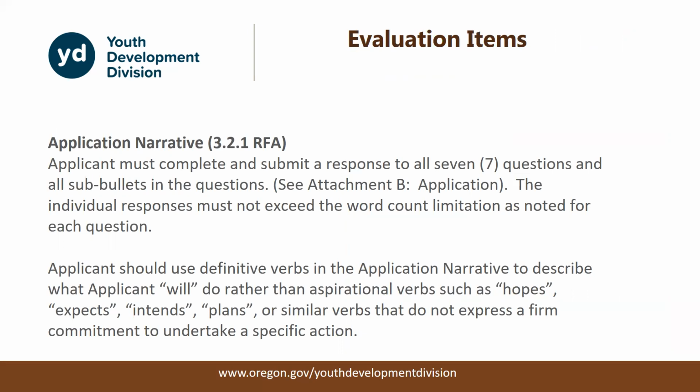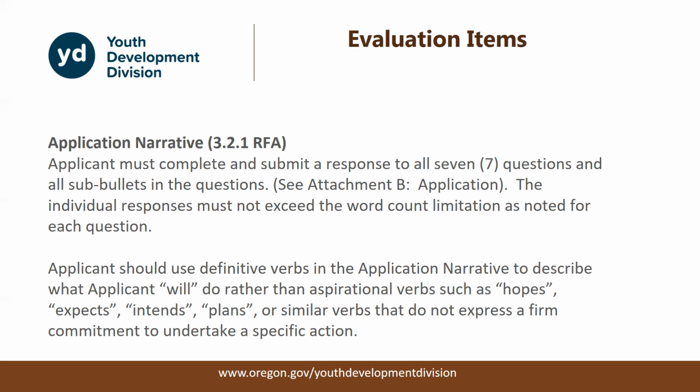And so there are a couple of tips here really to understand the applicant responses. Most of the questions are going to have more than one bullet. And when you're writing your responses to this RFA, you want to make sure that you're answering all 7 questions, but that you're also addressing all the sub-bullets within any question.